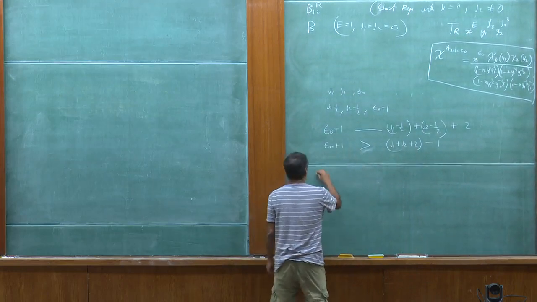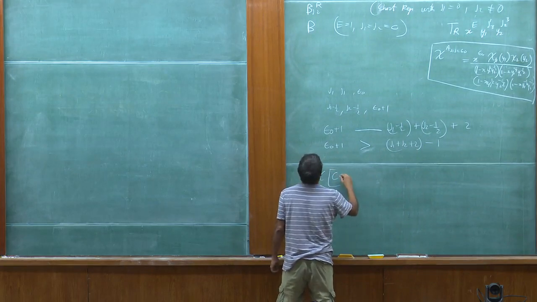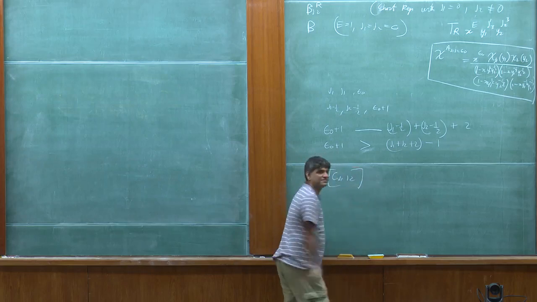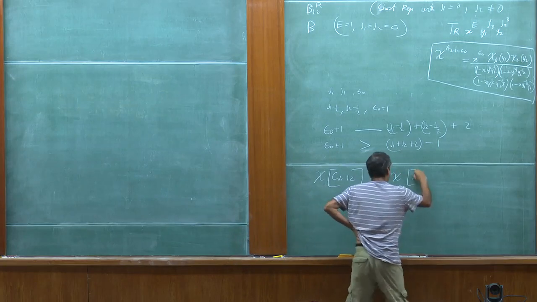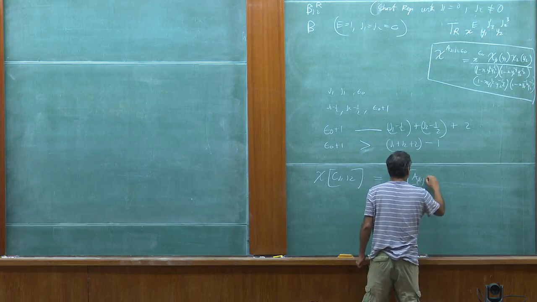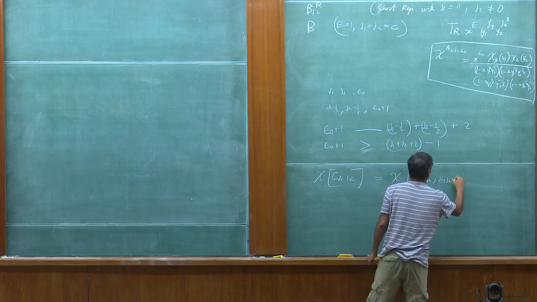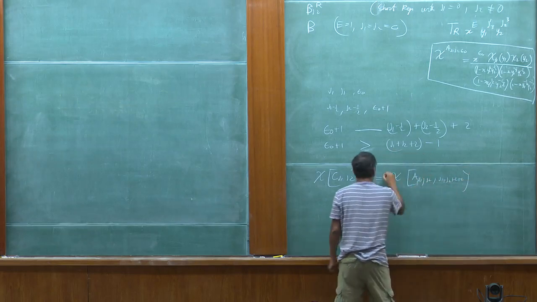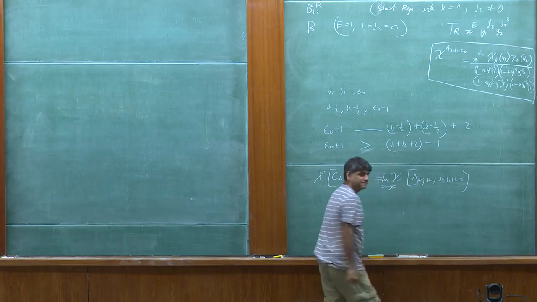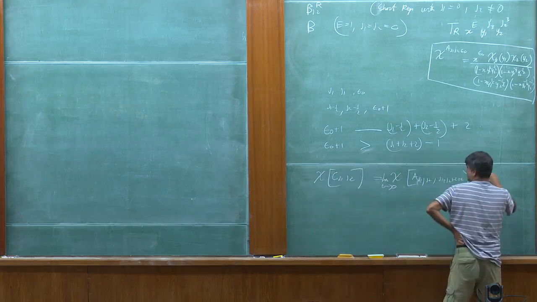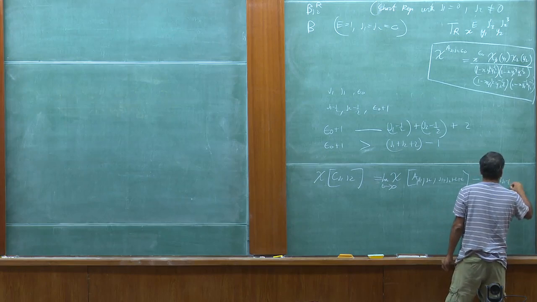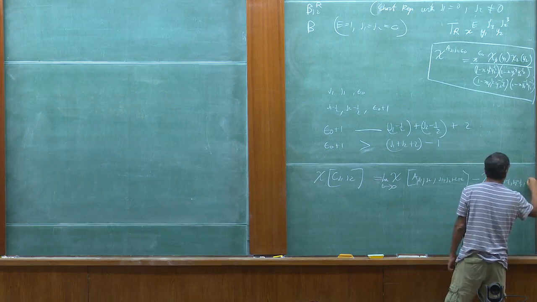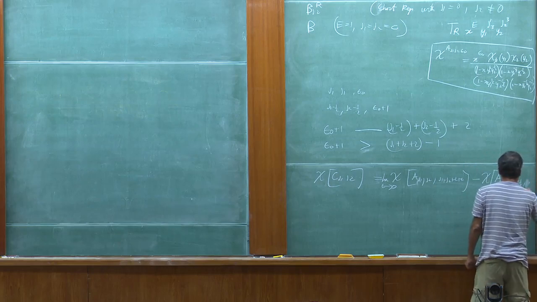I'm claiming that chi of C, J1, J2 is equal to chi of A, J1, J2, J1 plus J2 plus 2 plus epsilon, in the limit epsilon goes to 0, minus chi of A, J1 minus half, J2 minus half, and epsilon naught, so, J1 plus J2 plus 3.